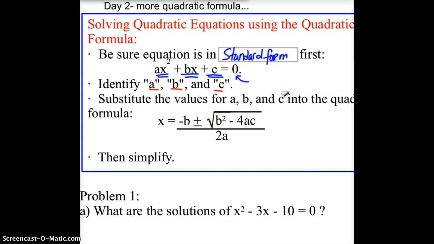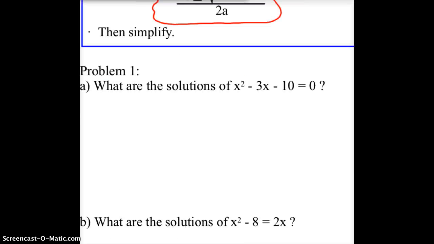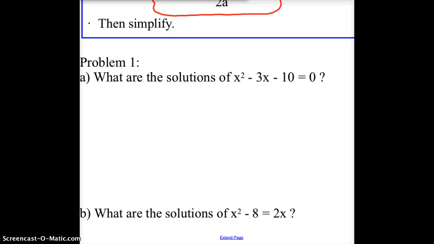Once it's in standard form, we just use the quadratic formula as given yesterday, and we sang it to Pop Goes the Weasel, and it should be pretty easy to memorize. So I'm going to go through 2 examples, and that ought to be enough. The first one is already in standard form, ax squared, where a is 1, plus bx, where b is negative 3, plus c, where c is negative 10.